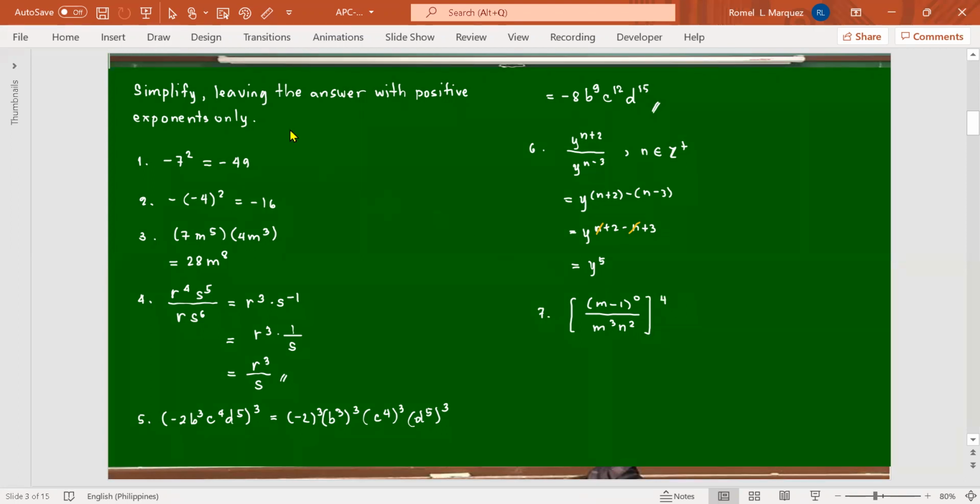By the way, assume all expressions involved are defined.